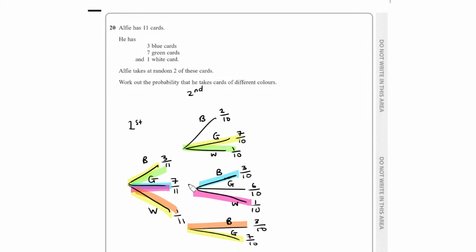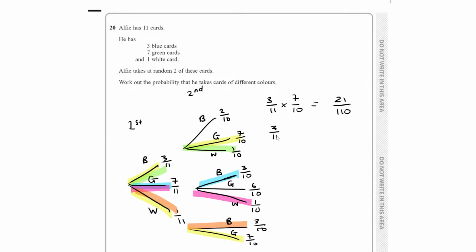So when you've got a probability tree, you always, every single time, you multiply between the branches. So what I mean by that is, let's say the yellow option here, it's 3/11 times 7/10. You always multiply them because it's saying blue and green, which means multiply, which is obviously 21/110. And then we've got blue and white.